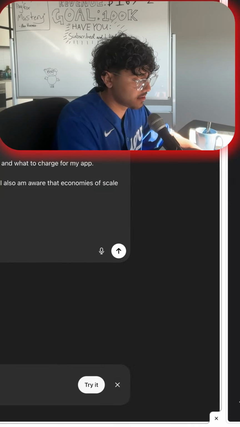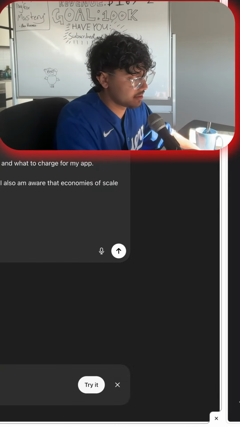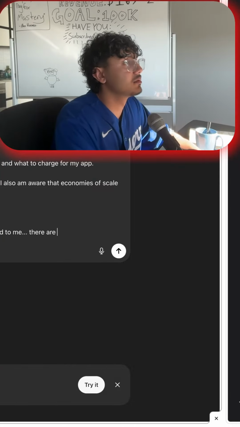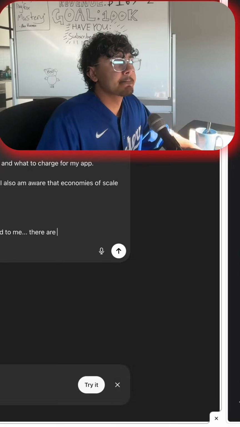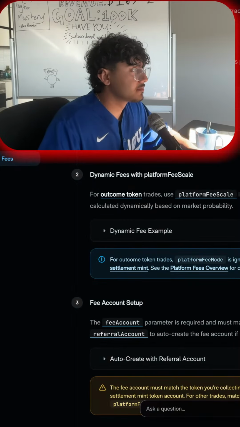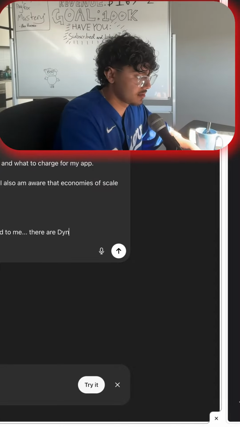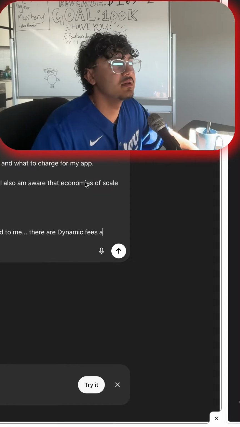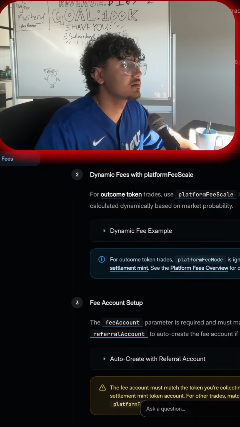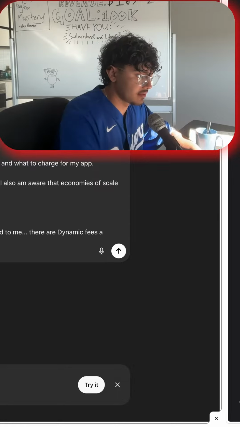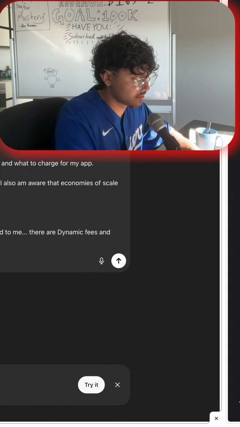From my understanding and looking at the API docs provided to me, there are, I should probably link this as well, there are dynamic fees and fixed fees.